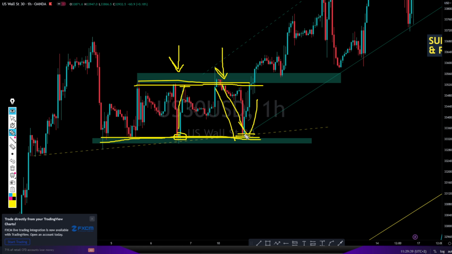So let me just repeat that, because maybe you just need to hear that twice. Resistance and support levels are useful for traders because they can help them decide when to enter or exit a trade, where to place their stop loss and take profit orders. I hope this is quite simple.